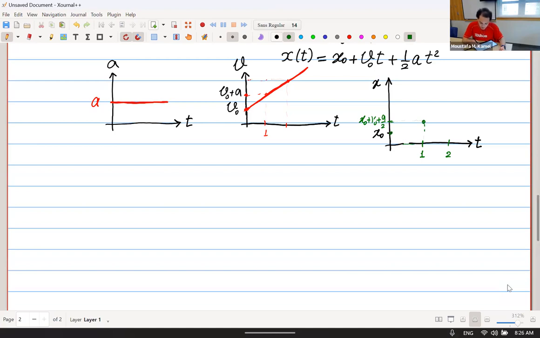And at t equal to 2, we get another value. I just don't want to write it down because it's too long. But anyway, the graph will look something like this, which is a curved graph. It's a parabola.